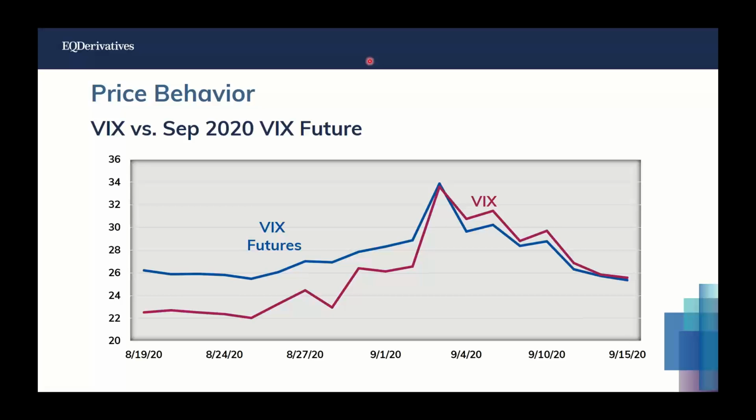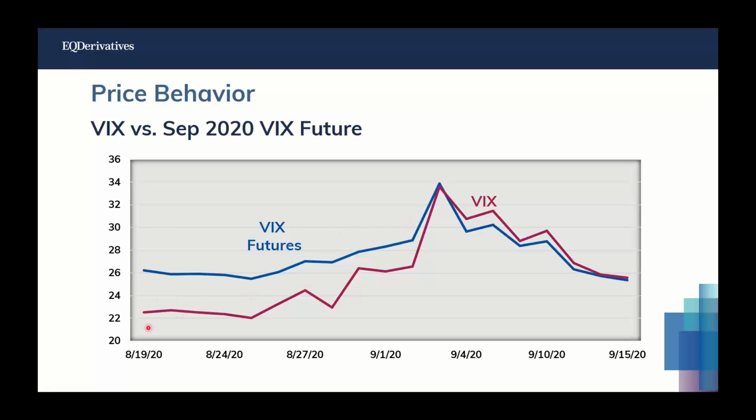You can see back here, we had an instance where the VIX future was at about a 3-point premium to spot VIX, and this is the date I'm going to use for the option trades that I show. What I'm really getting at with this webinar is taking advantage of this spread and the compression of that spread.